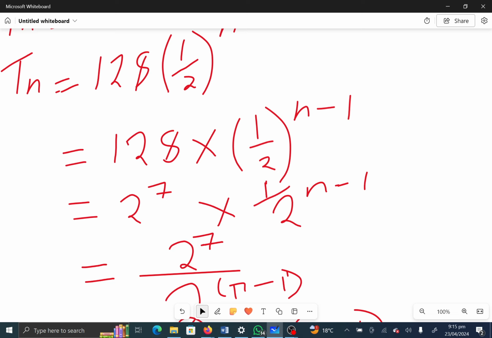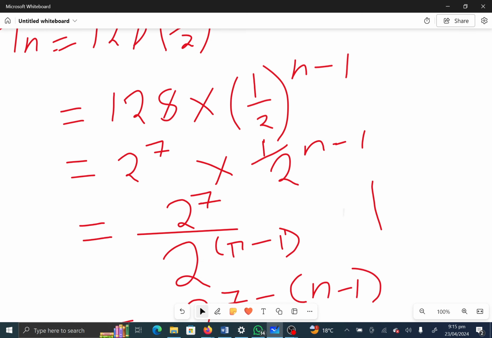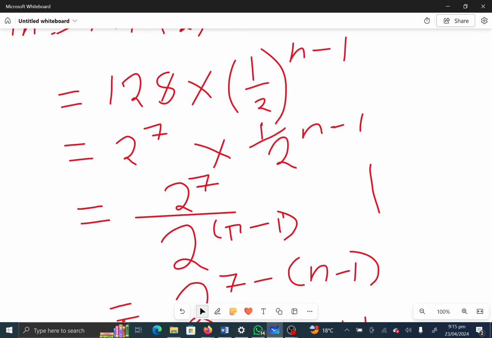So from the rule of indices, when you have 1 over 2 to the power n minus 1 multiplied by 2 to the power 7, the 1 is over everything, so it's 2 to the power 7 over 2 to the power n minus 1.